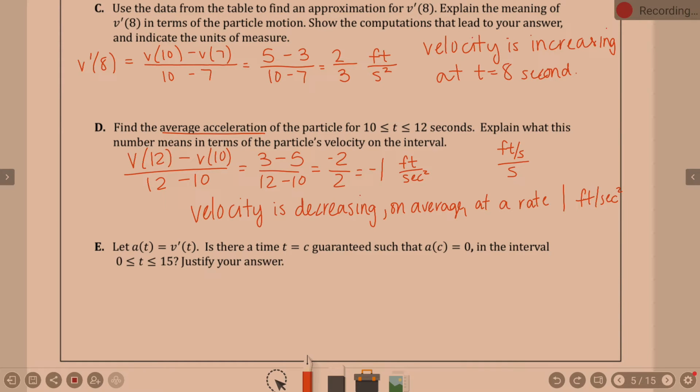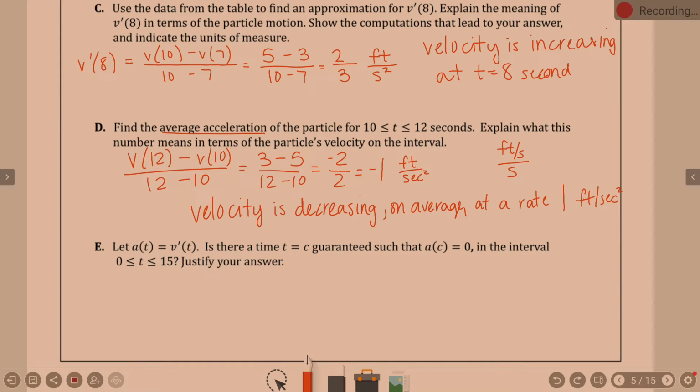How do I want to ask this? First of all, in order to even be able to talk about whether there is a time when acceleration equals 0, we kind of need to go back to what we did on part B. Because if we want to know is there a time when acceleration equals 0, what do we need to find to show that? That there's a time when the acceleration was negative and a time when the acceleration is positive.